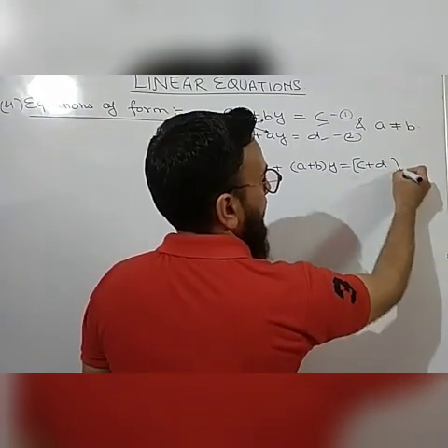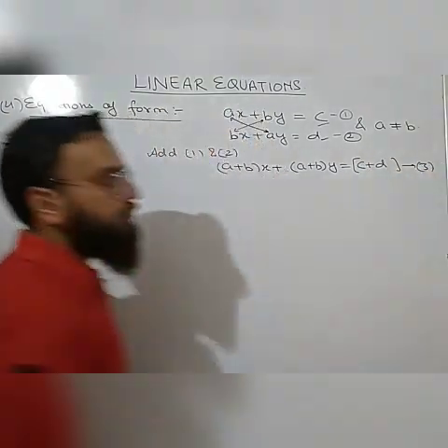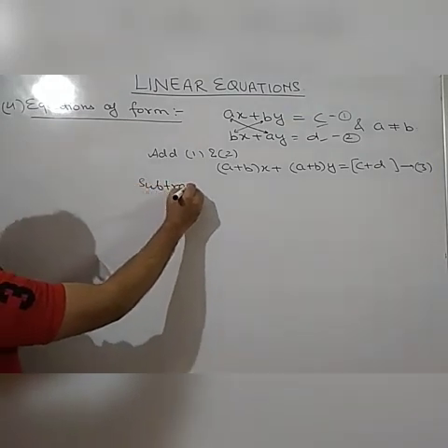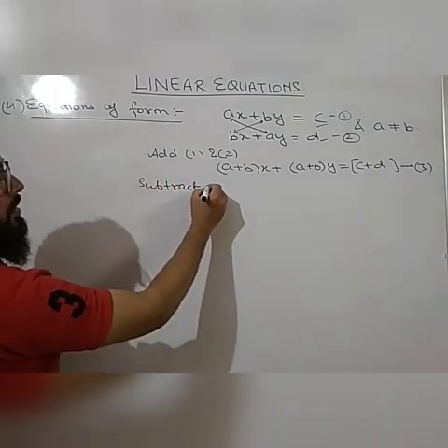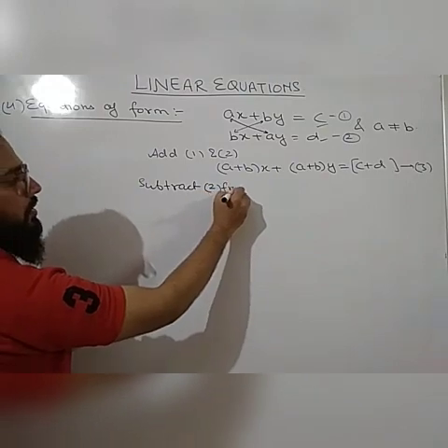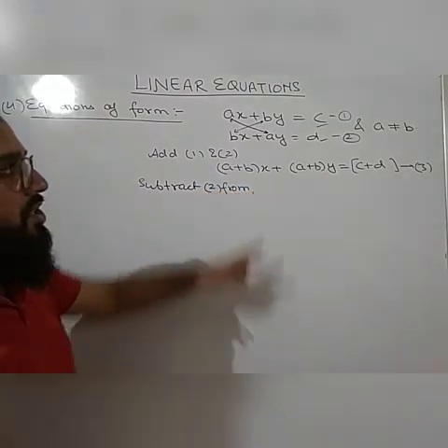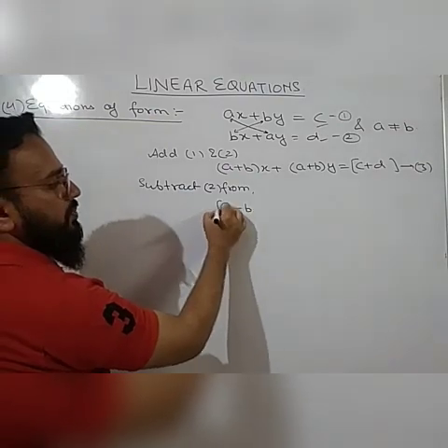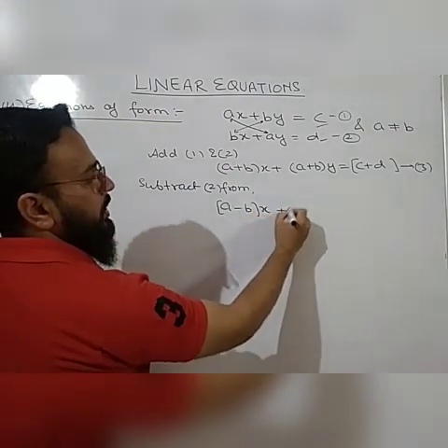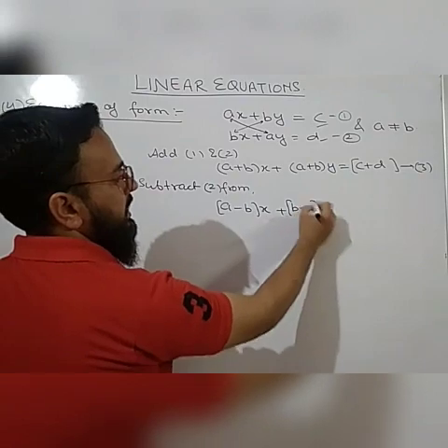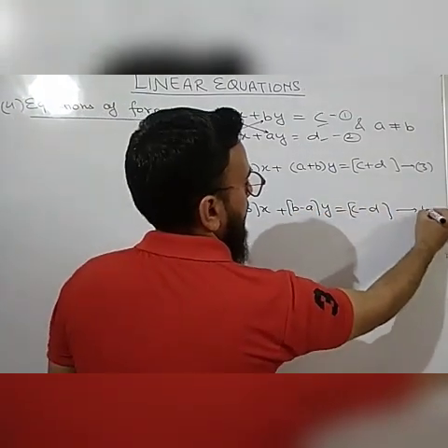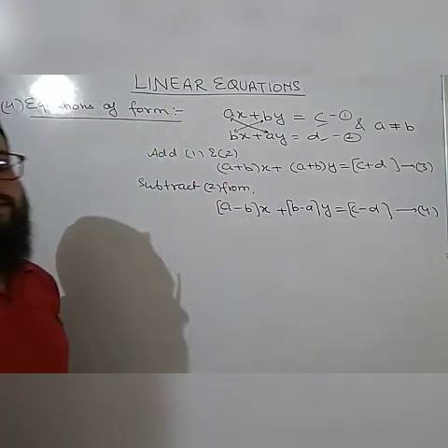In this way we will get the third equation. And once we subtract equation 2 from equation 1, we will get (a minus b) into x plus (b minus a) into y is equal to c minus d, and we will get equation number 4.